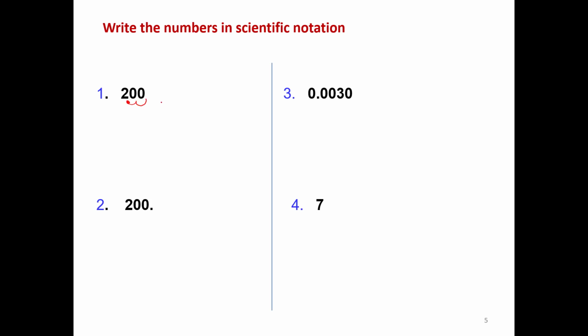We move to the right, we know the exponent is positive. Also, 200 is a larger number. Then the exponent we know is positive. Then it's 2.2 times 10 to the power 2.